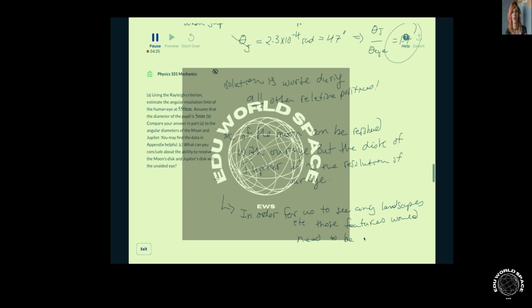In other words, they would have to be about the size of Jupiter's disk.